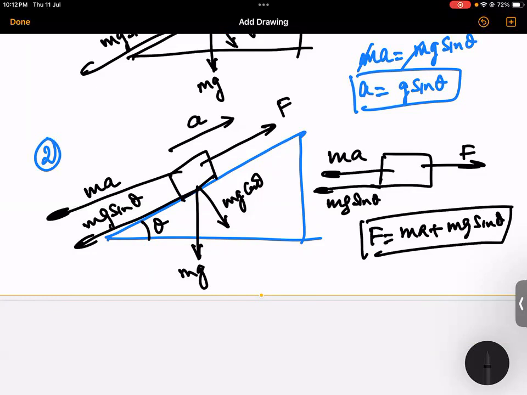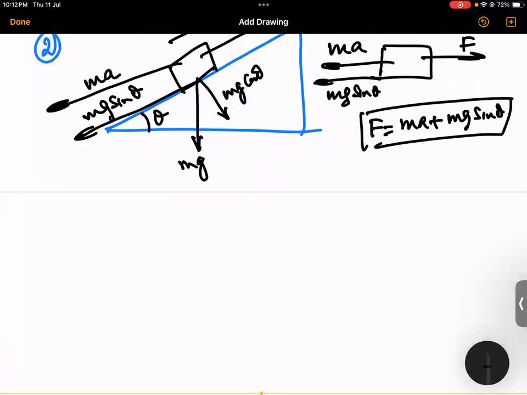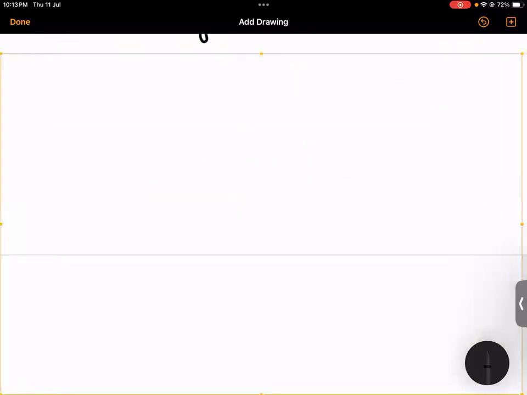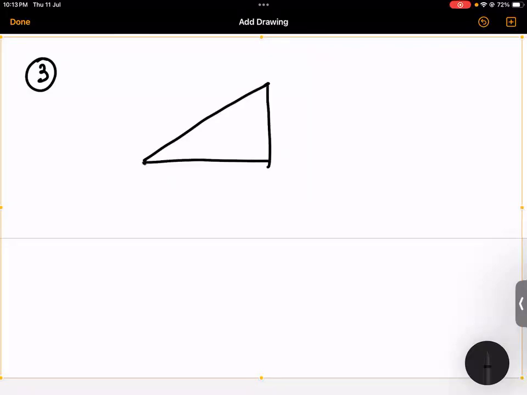Now another problem I would like to draw, that is the third type. Write down this problem. Here it is. This is the third problem of the inclined plane. There is a body of mass M2.